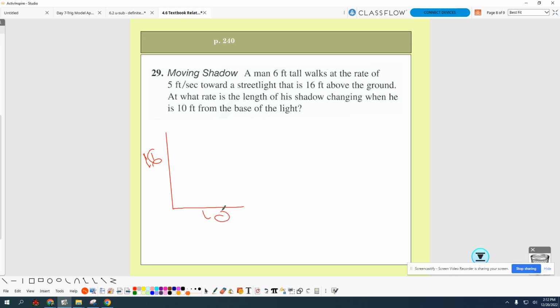That's what it's saying, the derivative. dx/dt equals 5. If he's walking towards it, it would be negative, right? Feet a second.